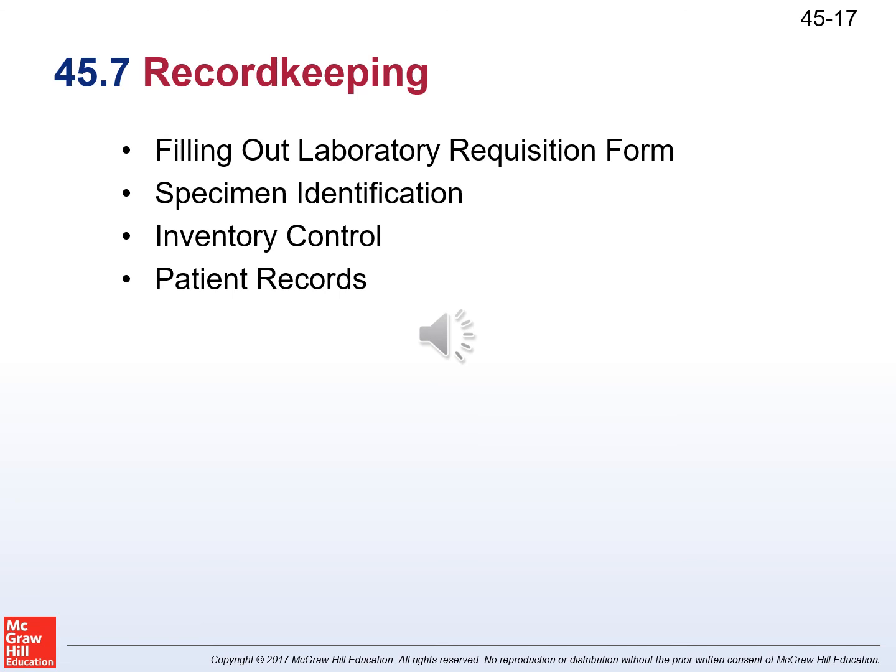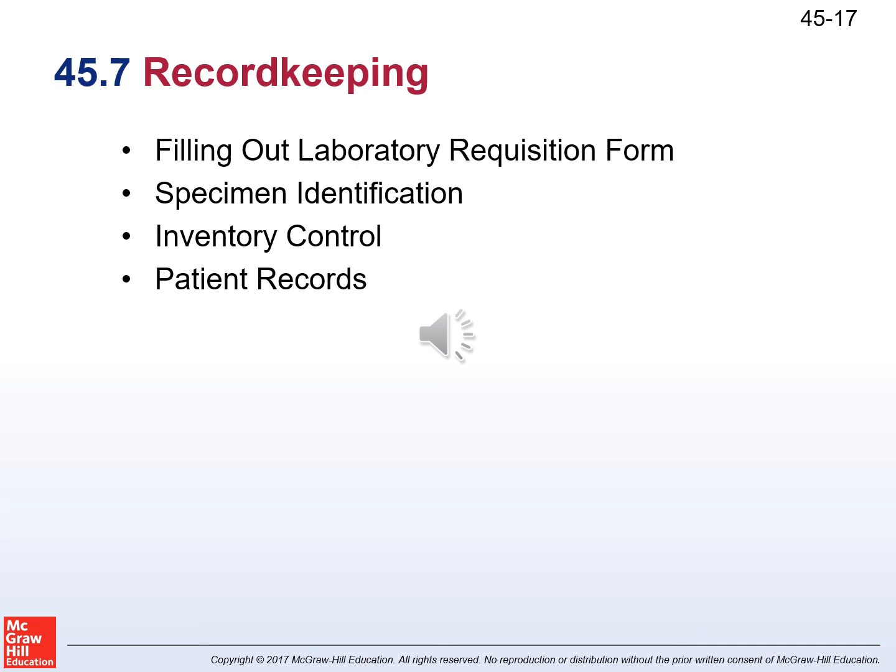45.7 Record keeping. The laboratory requisition form must be properly completed to avoid improper testing or lost results. The completed form should be included with the specimen or sent with the patient to the outside laboratory.